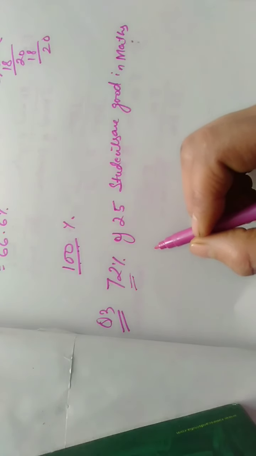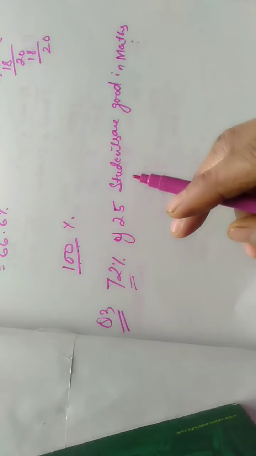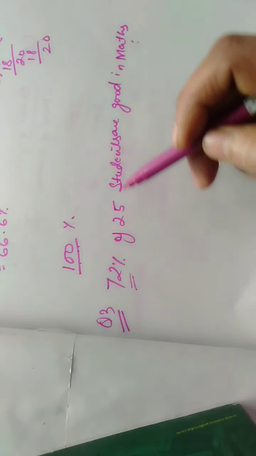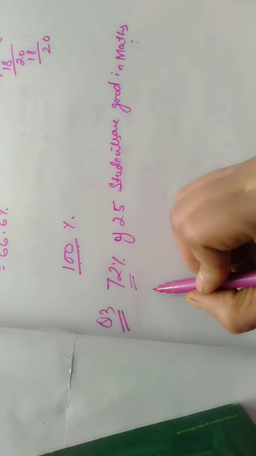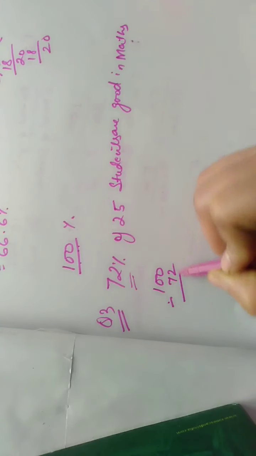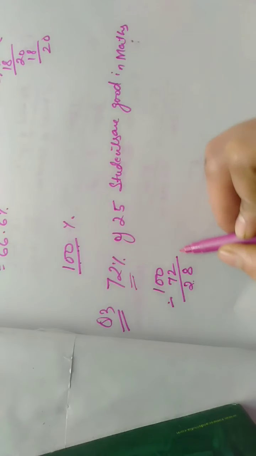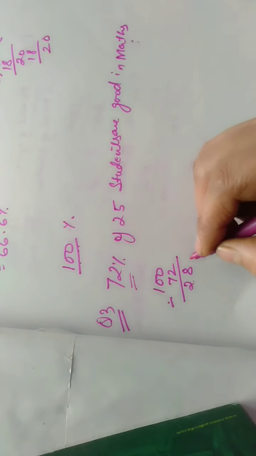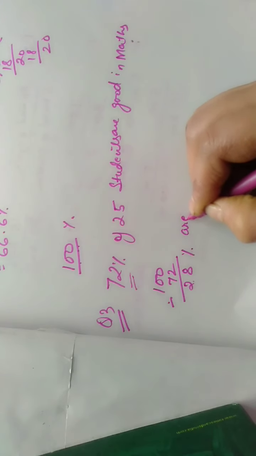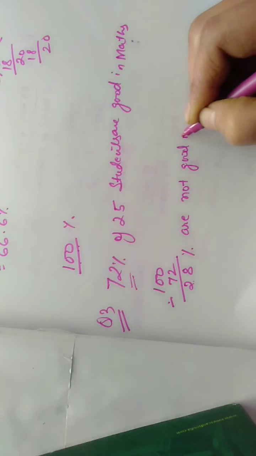The question asks how many are not good in maths. If 72% are good in maths, then the remaining is 100 minus 72, that is 28. So 28% are not good in maths.